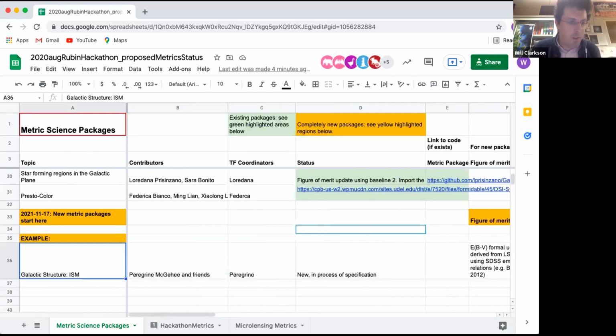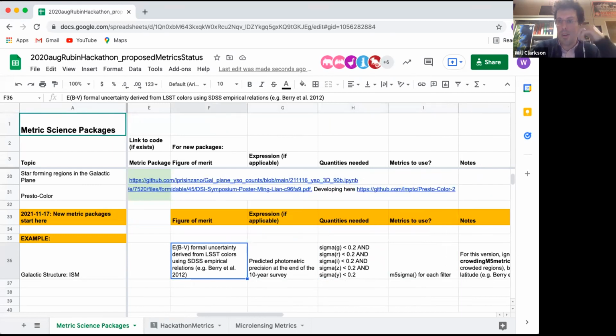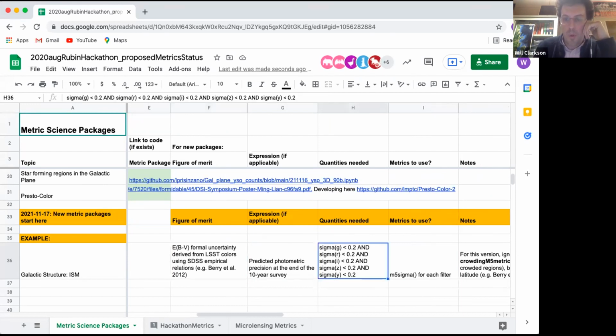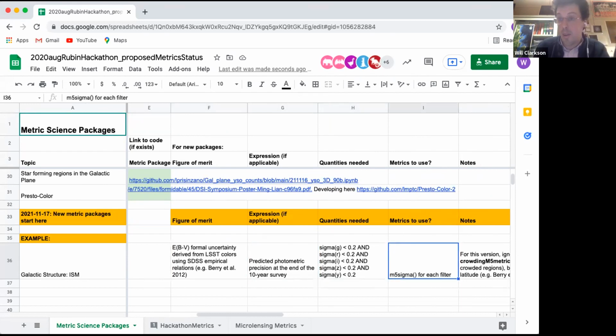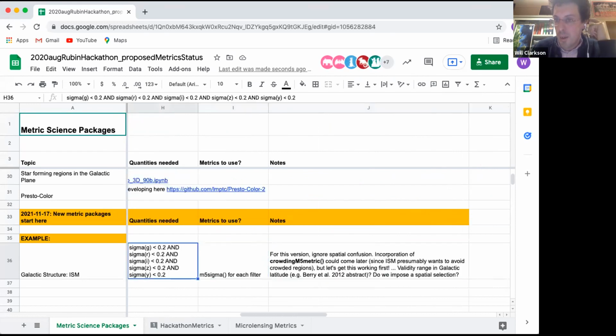So I've mocked up here an example for galactic structure in the interstellar medium, just using the subgroup lead's name to lead that, and where I've sketched out what the ultimate calculation might be, what quantities are needed, and then if people know this, what metrics to use, and then some notes if those are helpful.